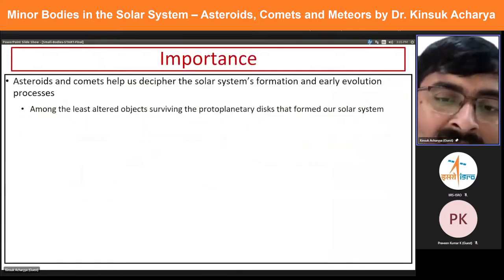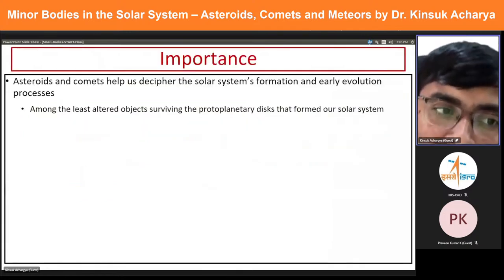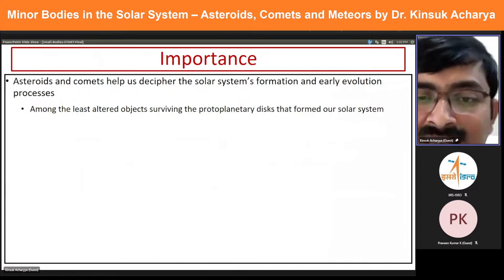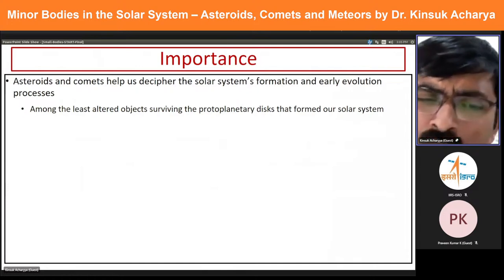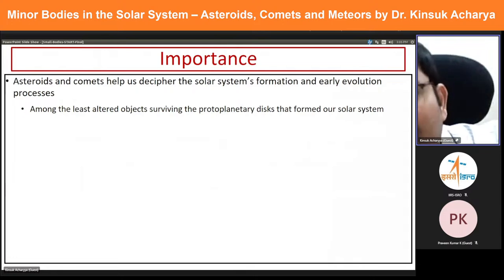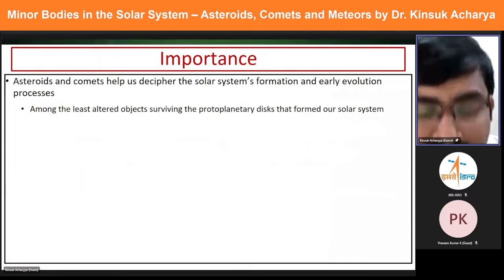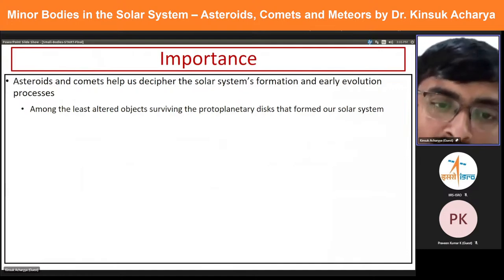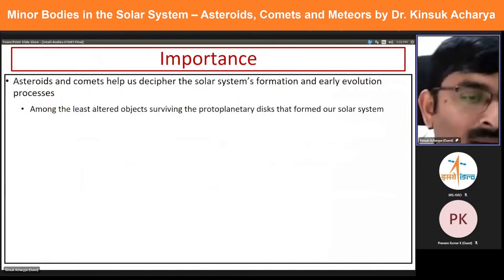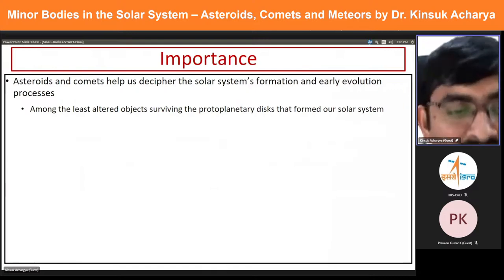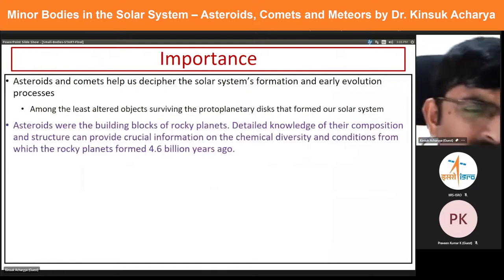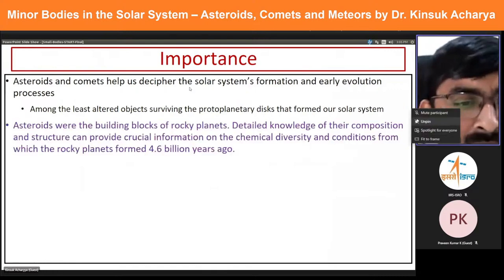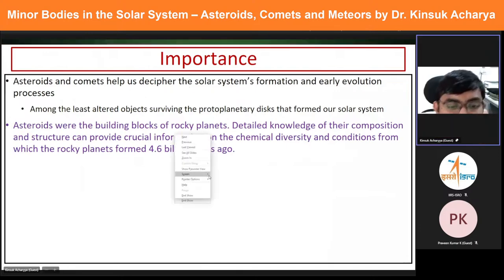They are also the least altered objects surviving from the protoplanetary disk. For all these planet formations and many other aspects that we see in the solar system, we have to gather knowledge from these asteroids and comets, and they are a very critical part. As I have already shown in this video, this rocky, one second, I have to get this pointer.